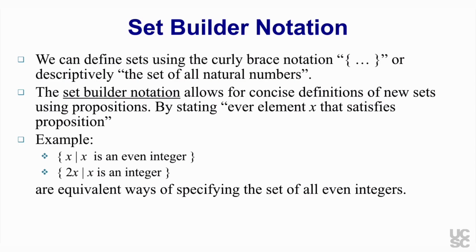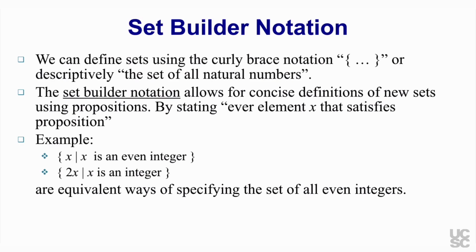So we could denote sets by using the curly braces notation and explicitly state all the elements that we have in a particular set, but that would become cumbersome when we have very large sets. Or alternatively, we could give a descriptive statement of what the set is by talking about the characteristics of the elements in that set, such as the set of all natural numbers. It would be impossible for us to list all of them explicitly.